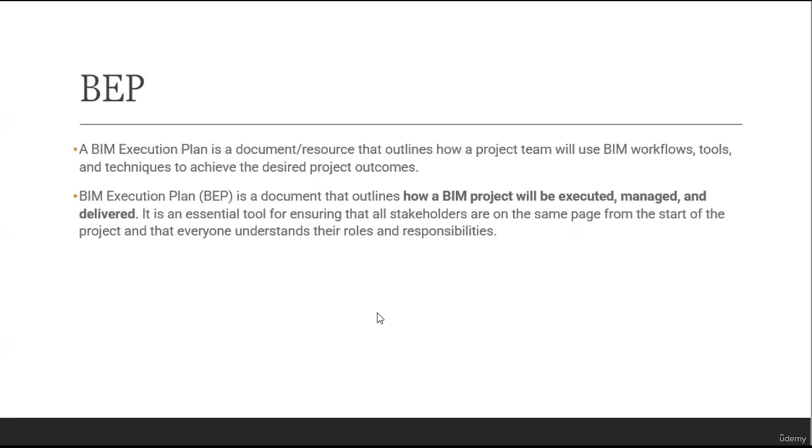Once that is done, determine the deliverables that need to be produced, which the client actually requires. Then, to obtain these deliverables, what software or technology is to be used has to be worked out. And after all that is done, a specific timeline for the project and certain milestones are set up. So these are all included in the BIM execution plan.